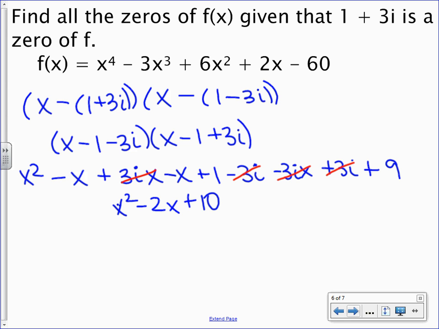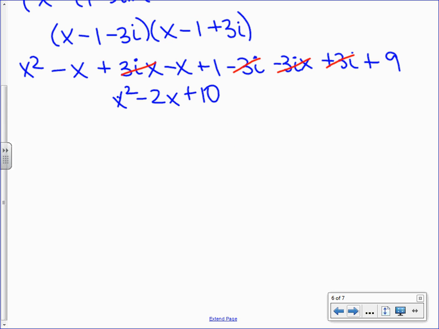And if I take a fourth degree polynomial and divide it by a second degree polynomial, the quotient is going to be a second degree. So here we go. What kind of division do we have to use? Oh, long division. Heaven forbid.